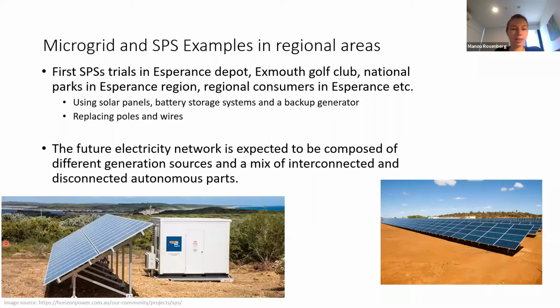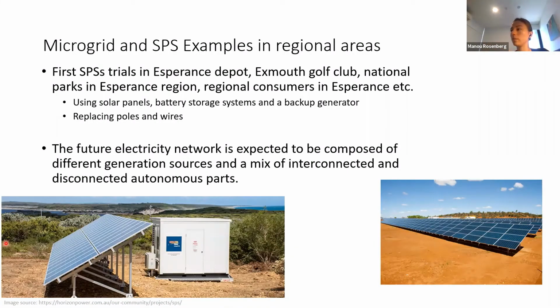As I already mentioned, there are some trials out there already. These are just some examples that are being employed in remote areas in Western Australia. Between 2020 and 2022, Horizon Power is installing roughly 50 standalone power systems. The general setup for those systems uses solar panels as the main generation source, some kind of battery storage system with an inverter, and a diesel backup generator.